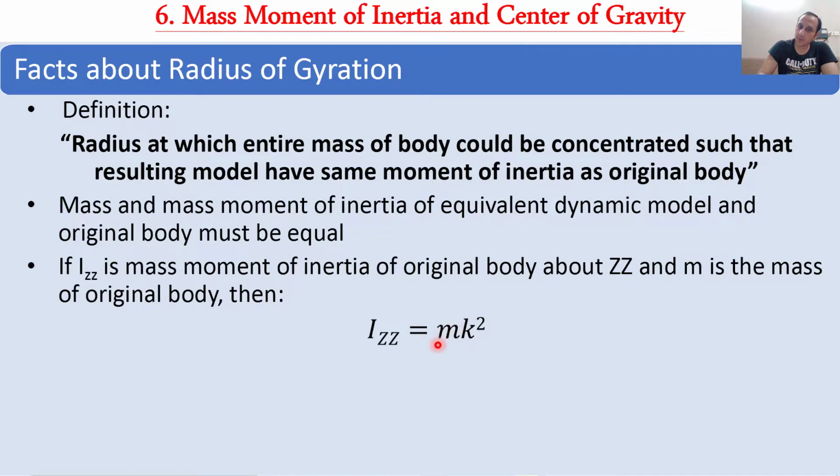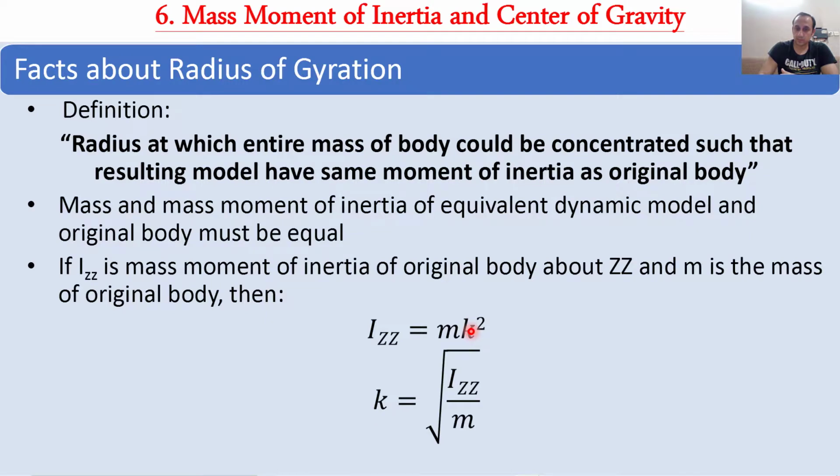This M is the mass of the body, and this k is the radius of gyration. So if you multiply the mass with the perpendicular distance between the axis of interest and the CG, then we have this mass moment of inertia.